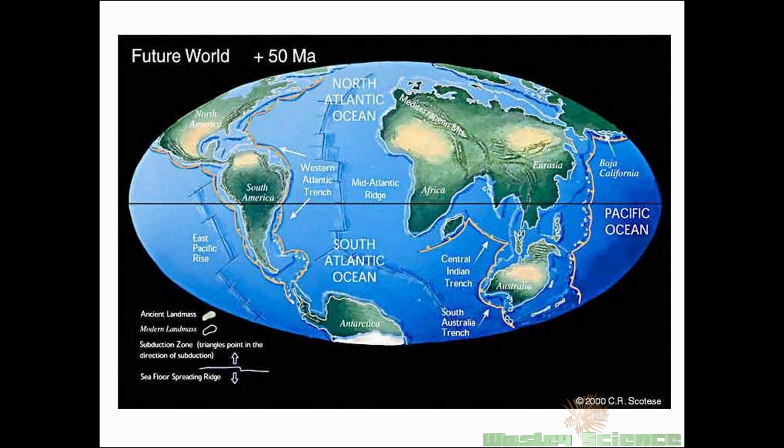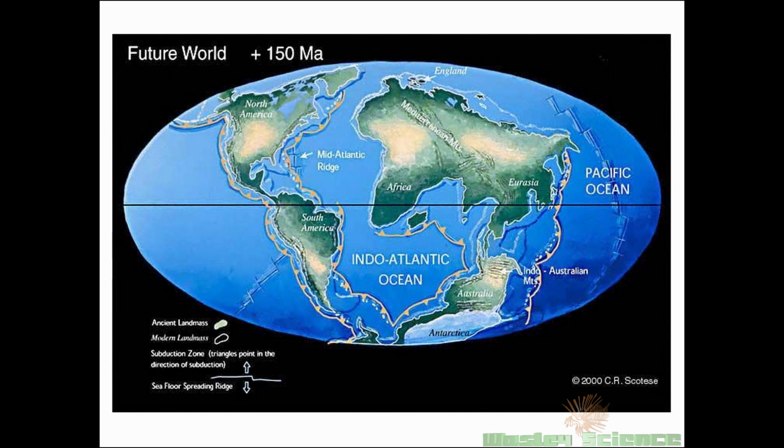The future, so this is 50 million years from now. So now it's kind of getting really interesting here. We can see Antarctica starting to move with the South American plate. We're moving away from Africa and Europe. And we can see here that there are serious Mediterranean mountains that form. And Alaska is colliding into Russia.